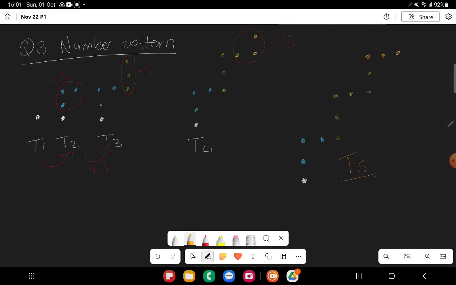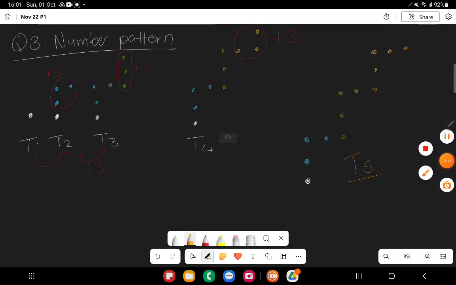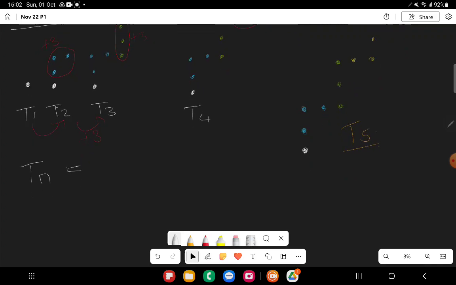Next question says, determine the general term for the pattern. We've done that already. So term n is going to be equal to what? Let's quickly do this. I prefer to do this in a table.